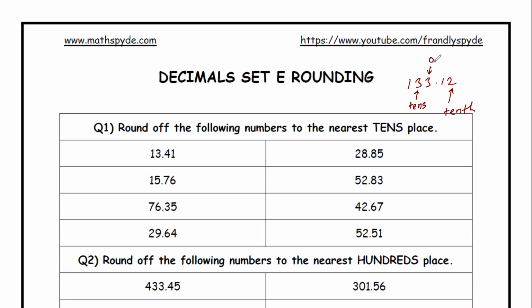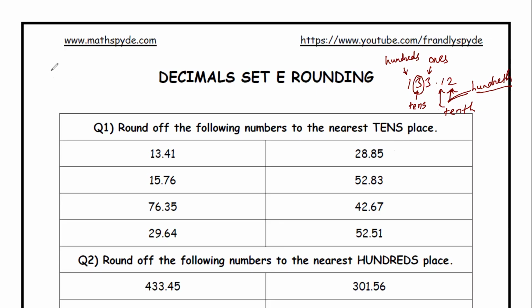This one out here is the ones place. This is the hundreds place. I'm sorry, that is the tenth place. That is the hundredth place. Okay, so we are focusing on the tenth place.